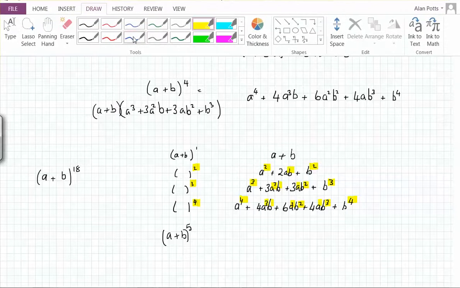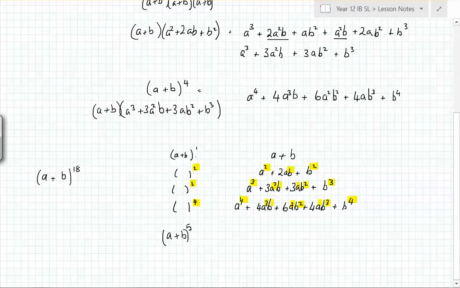So, potentially then, if we were to have an educated guess at this one, we would say that it's going to start with a to the power of 5. What do you think the next one's going to be? Just the letters. A to the power of 4 with a b, because 4 and 1 make 5. What about the next one?